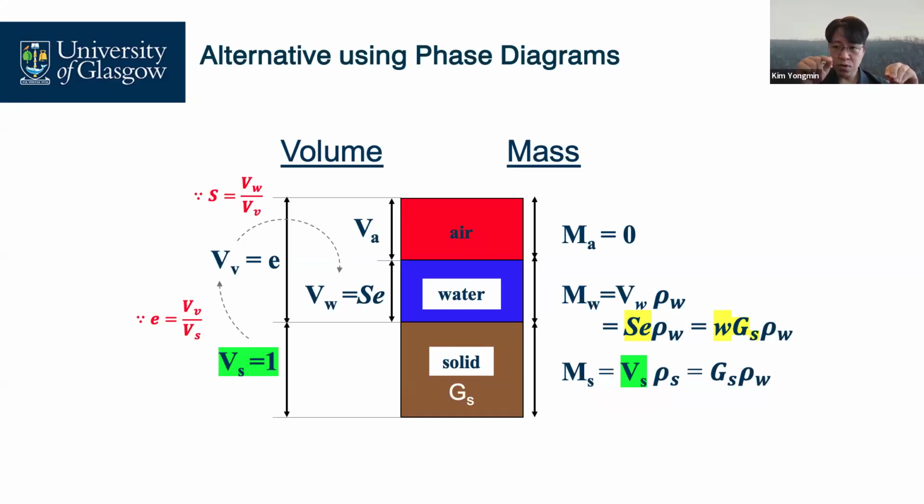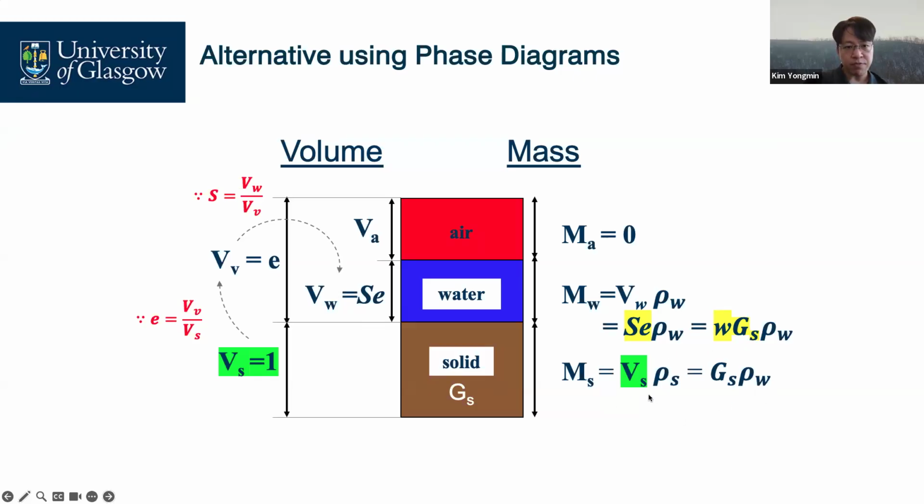Rho s equals Ms over Vs. And this Vs equals 1, and then rho s equals Gs times water density.